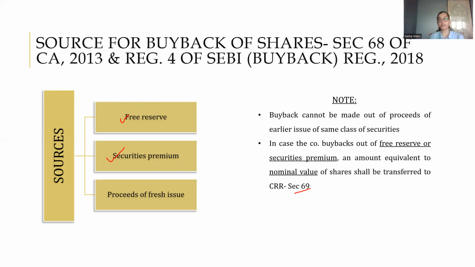While discussing the sources for bonus issue, I mentioned CRR, so this is that particular CRR which is created when we buy back shares out of free reserves or securities premium. Next, when the company uses proceeds of a fresh issue, it is to be noted that buyback cannot be made out of proceeds of an earlier issue of the same class of securities. So this is with respect to the sources of buyback.